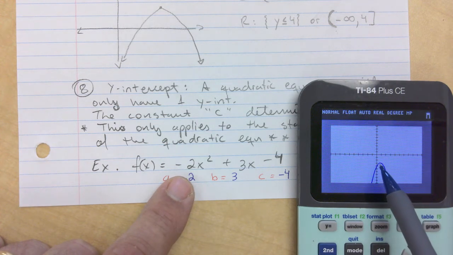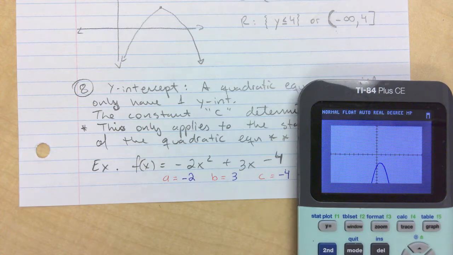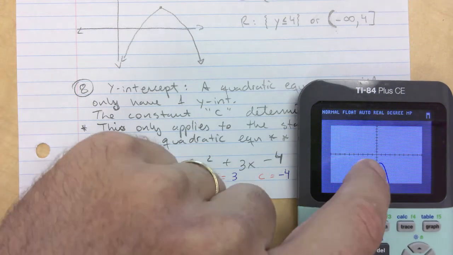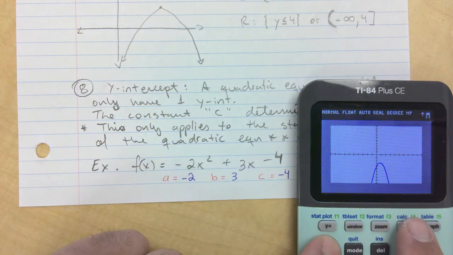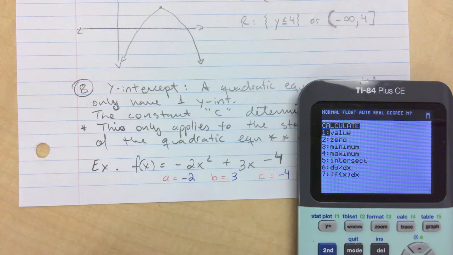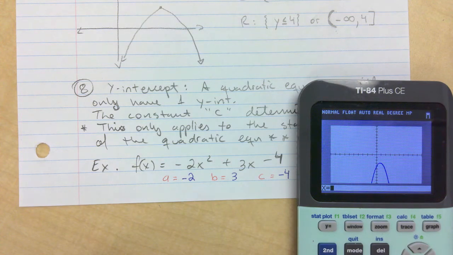How would you find the y-intercept? Sorry, not the x-intercept, because there is no x-intercept. See that? No x-intercept. How would you find the y-intercept again? We would go second, trace, 1, x is equal to 0, and there it is.